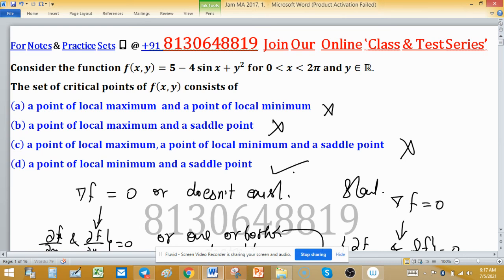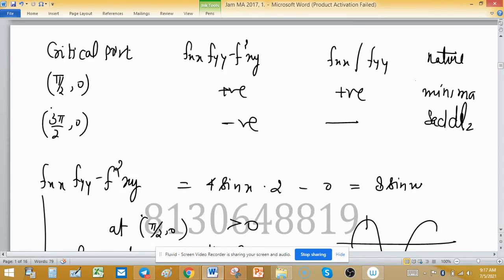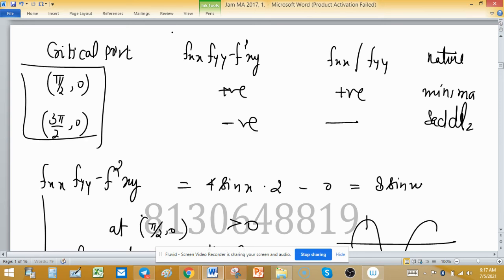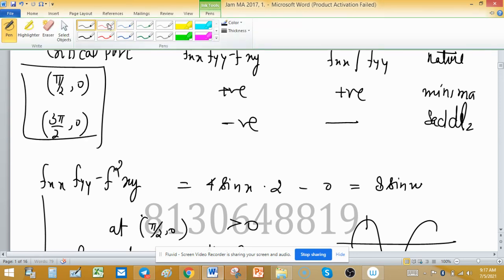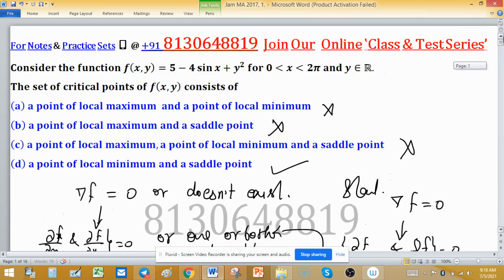So option D is true: a point of local minimum and a saddle point. As you can see on my screen, we have only two critical points. One of them is a minima and the other is a saddle point. So (pi by 2, 0) is a minima and (3 pi by 2, 0) is a saddle point. So option D is correct.